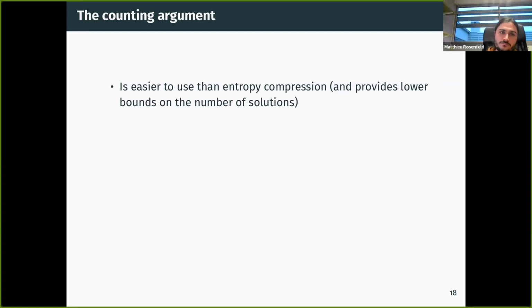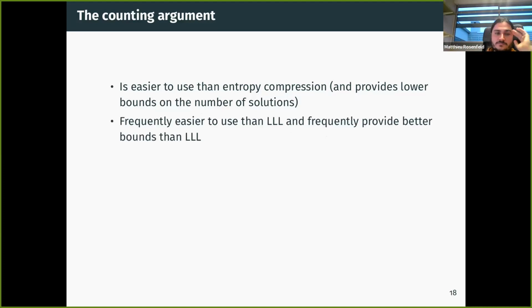Okay, so let me conclude. This counting argument is easier to use than entropy compression, and on some problems it provides better lower bounds. It also tells you something about the number of solutions. It doesn't give you any algorithmic result, which the entropy compression argument does, but it gives you a bound on the number of solutions, which is quite nice in some settings.